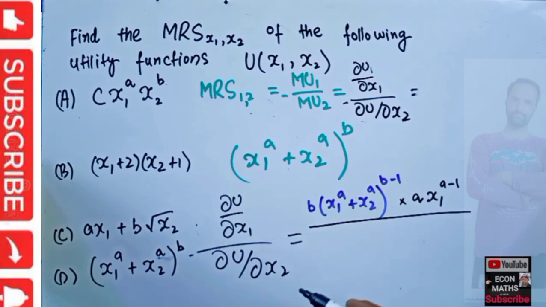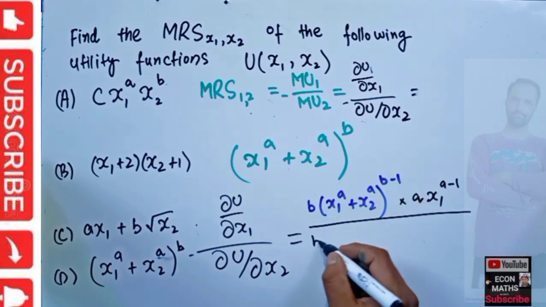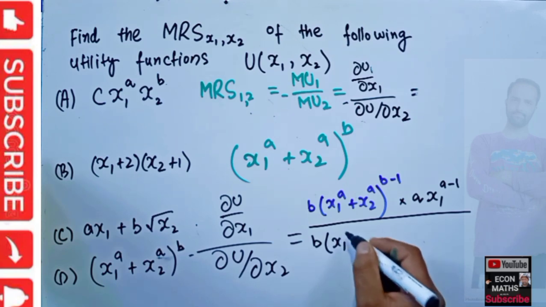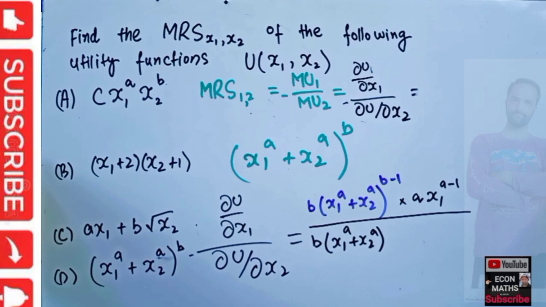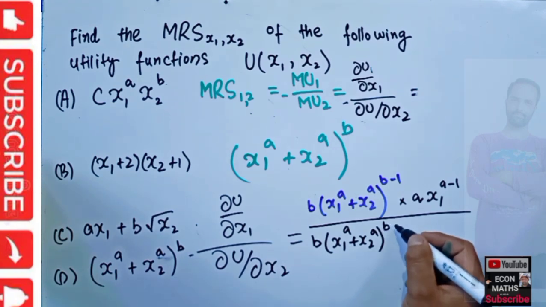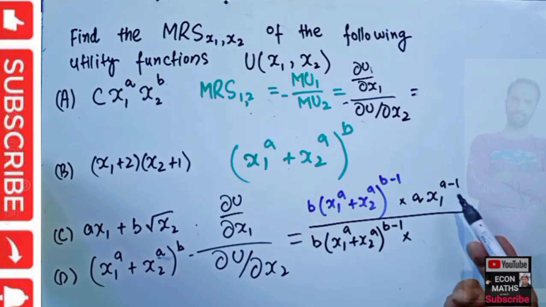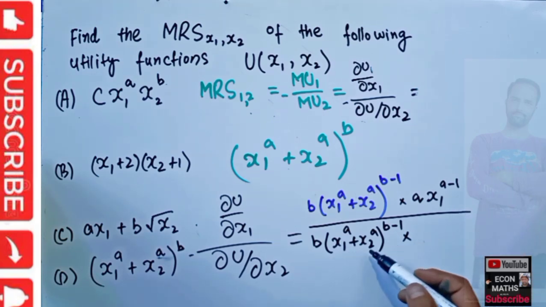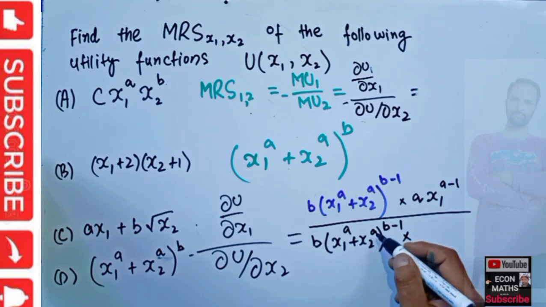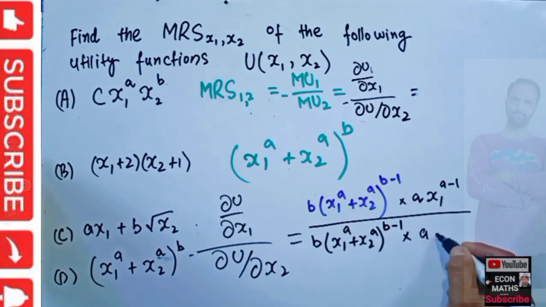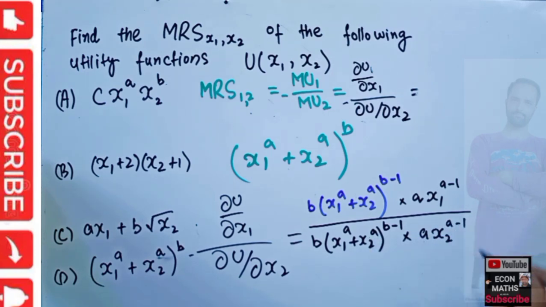Again we apply the power function rule first, so b becomes coefficient, we have x1 raised power a plus x2 raised power a, and exponent is subtracted by 1, that means b minus 1. Then we apply chain rule and internally differentiate with respect to x2 this time. So again x2 raised power a, its derivative is simply a becomes coefficient, we have x2 and exponent is subtracted by 1.